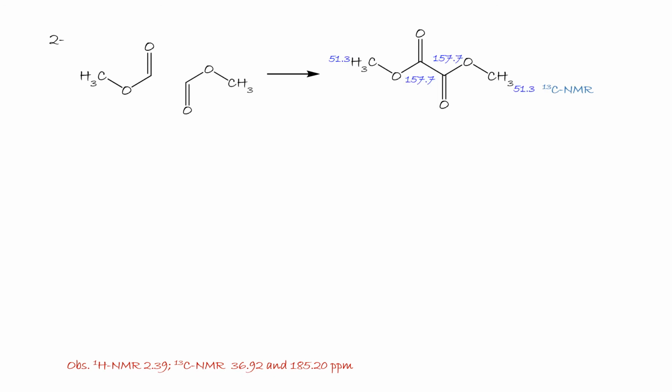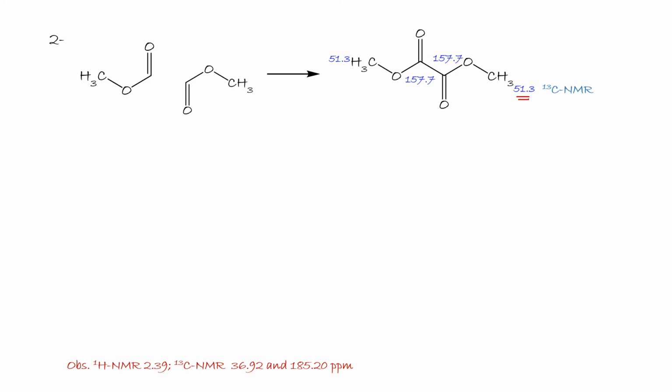Well, another postulation, it's methyl ester. 2 pieces together will give this, ethyl oxalate. According to the calculation, again, this should be 51. Ours showed at 36.9.